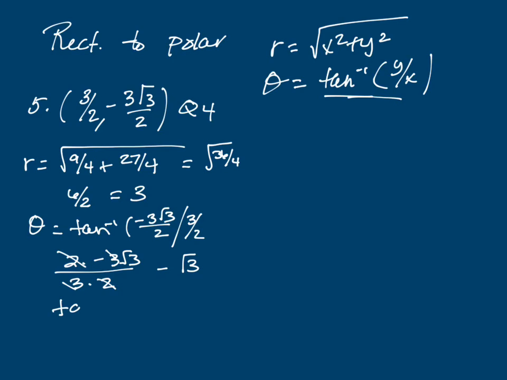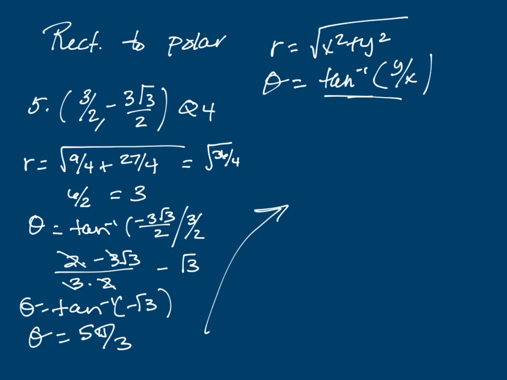So theta equals inverse tan of negative square root of 3. So where is tangent in quadrant 4 equal to negative square root of 3? That would be 5 pi over 3. So theta equals 5 pi over 3.